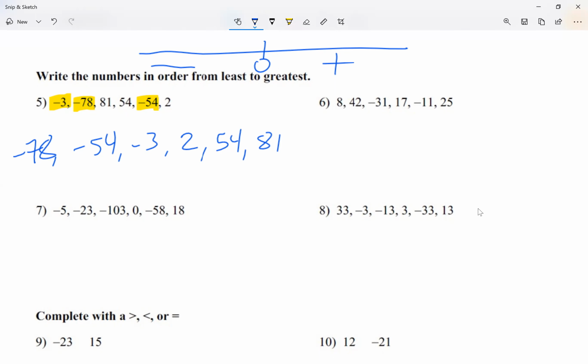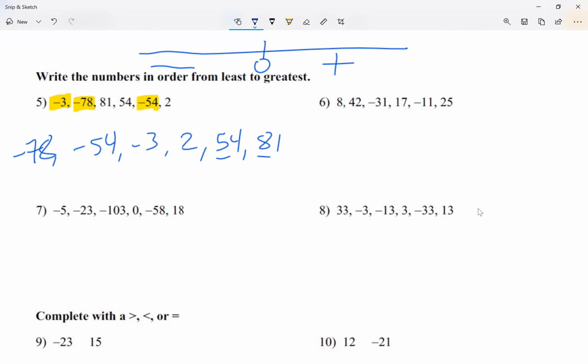What if I messed up on the last 2? What if I put 81 smaller than 54? I don't want to mark the whole question wrong because you did most of it right. So you have to input the numbers individually in case you get some of them right.